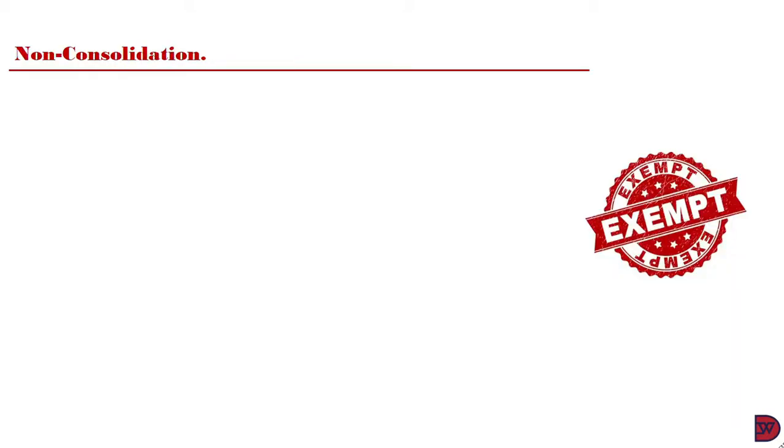Lastly, we'll talk about situations where non-consolidation can arise, or exemptions to a parent preparing a consolidated statement of financial position. A parent is exempted from preparing a consolidated statement of financial position if: first, the parent itself is a 100% subsidiary of another entity.